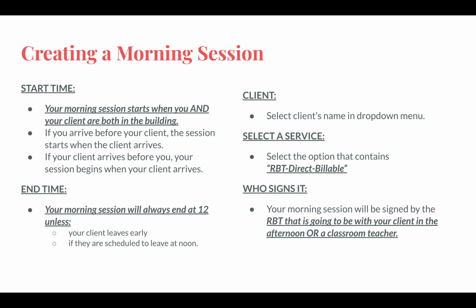This just ensures that you are billing as an RBT, and this is the correct code. So it might say the client's insurance before RBT Direct Billable, but please ensure that you are selecting the option that contains RBT Direct Billable.